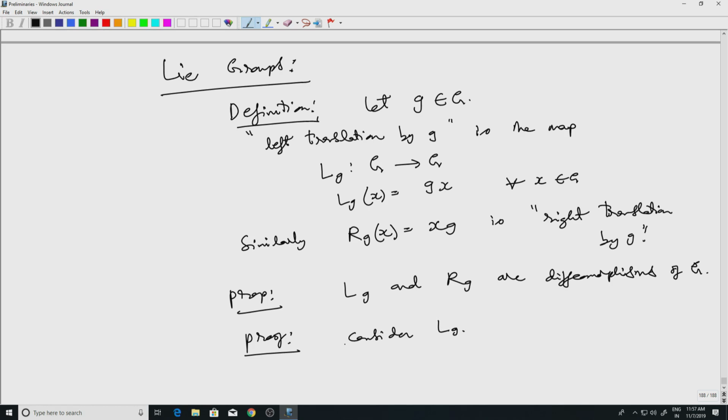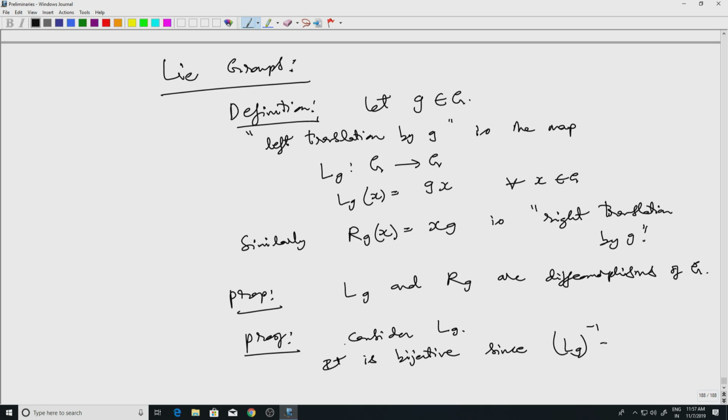We have to check that L_g is smooth, bijective, and the inverse is smooth as well. First of all, it's immediate that L_g is bijective, since we can immediately write down an inverse for this.